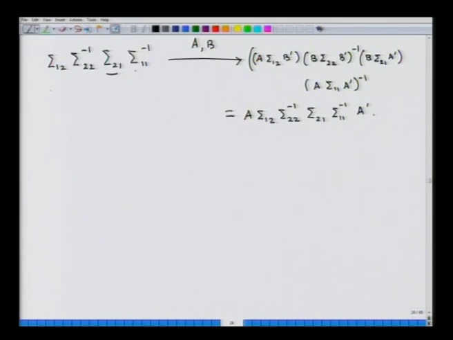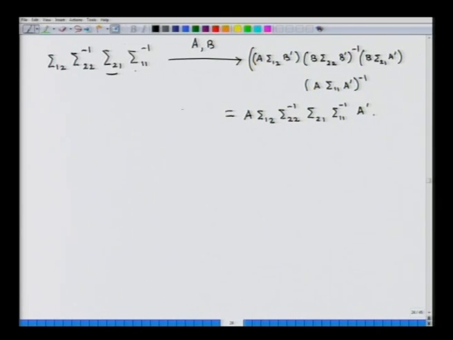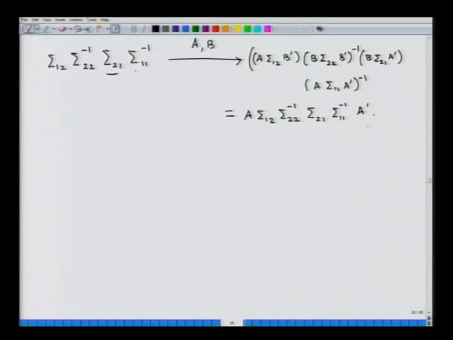So, this matrix here plays a crucial role in determining the canonical correlation coefficients, because this matrix is involved in solving this equation here, and the roots are the canonical correlation coefficients. What we are going to have is that this matrix is being transformed to this matrix.